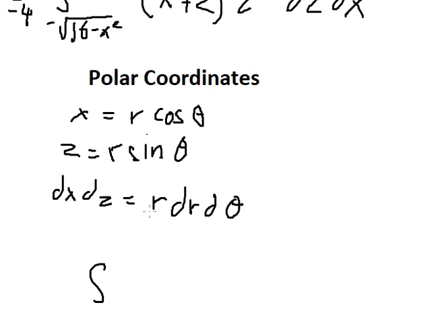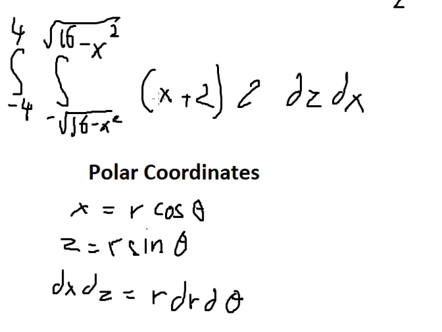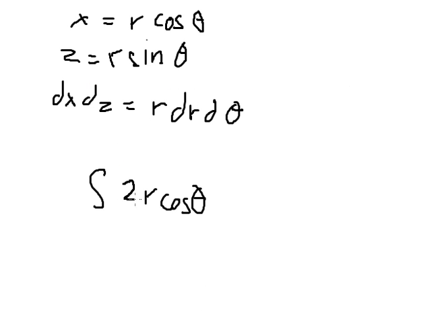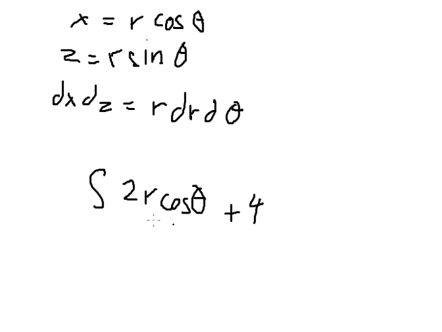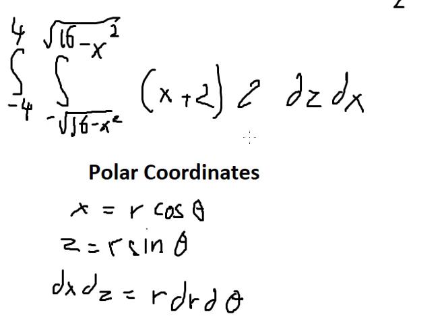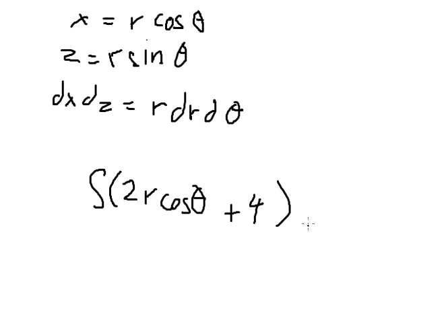And now we put everything in here. x we change for r cosine theta. Number 2 multiplied with x, so we have 2. Number 2 with number 2 we have 4. dz dx we change for this one. About r, that's the radius.